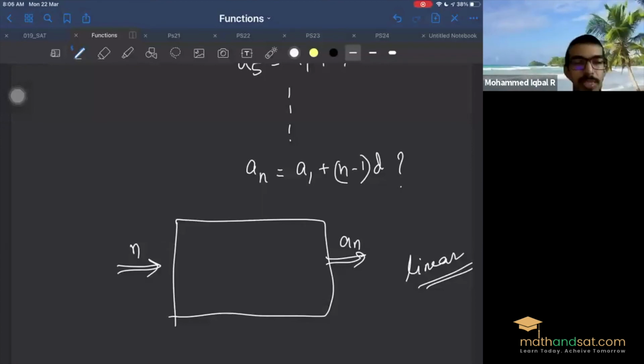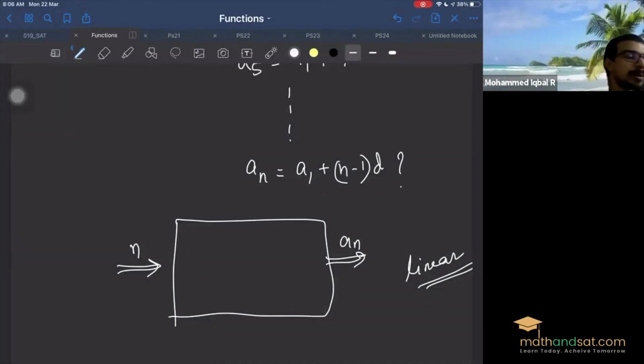The first example was a constant rate at which things change, for example, a given speed. Another example was wage per hour. So the second type of linear function that we will encounter very commonly is the arithmetic sequence.